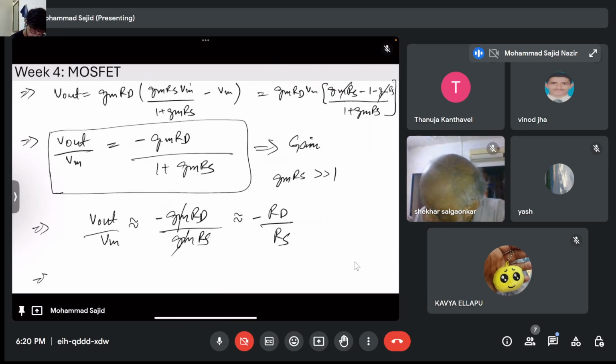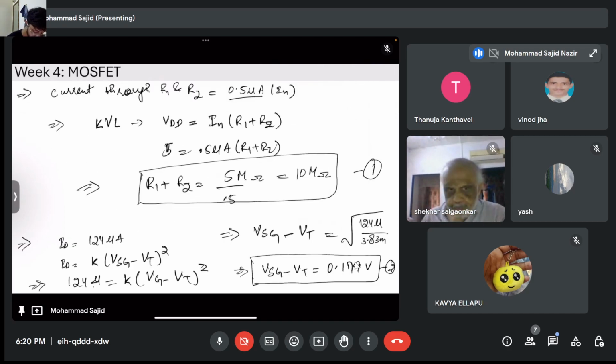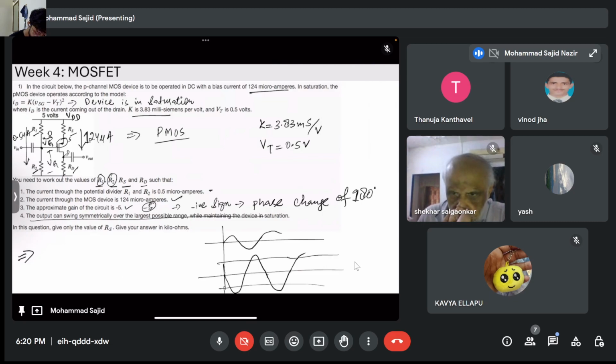And given in the question, this is equivalent to minus 5. So my RD is equivalent to 5 RS. This is our third condition, right? Now we have three conditions at our disposal. Now we'll see how we can use these conditions.